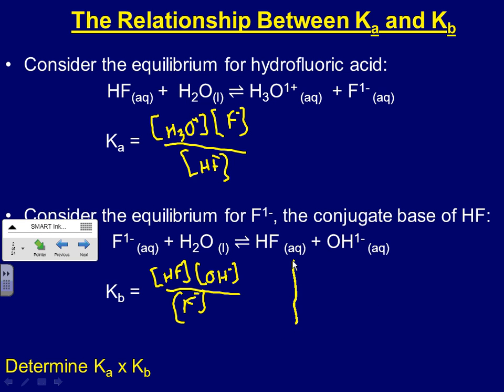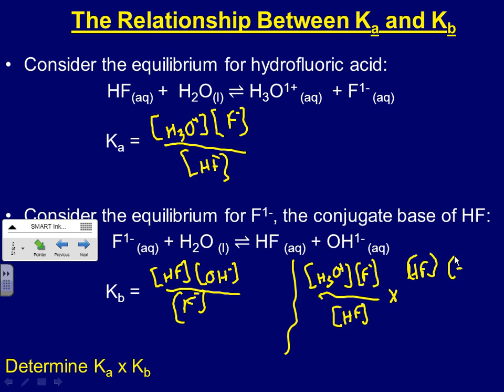So if I now take the Ka times the Kb, H3O plus, that's the Ka, F minus over HF, and I multiply it by the Kb over here, HF times OH minus over F minus.